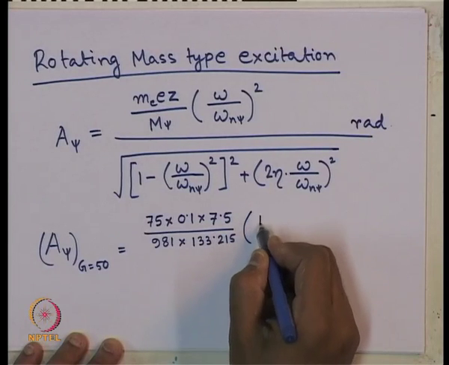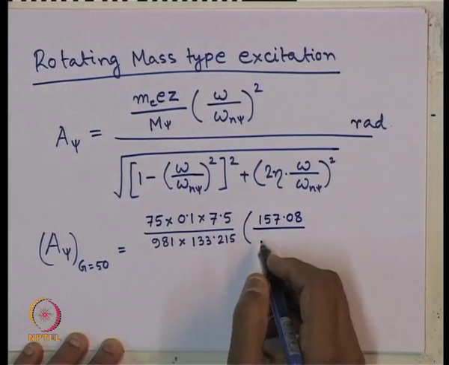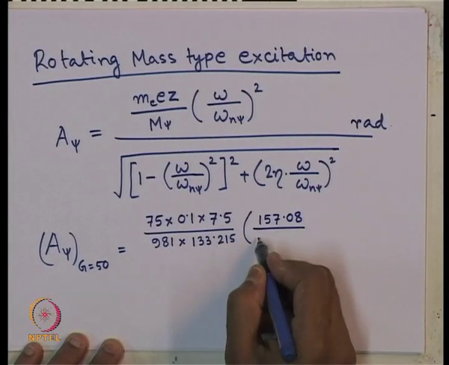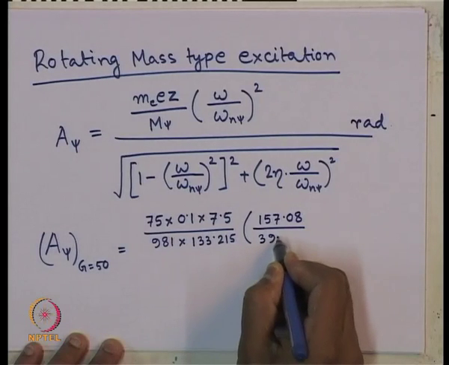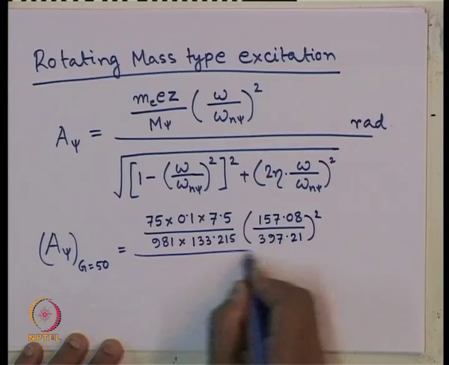Omega is how much? 157.08, the operating frequency, and omega n psi for g equals to 50 we had already calculated, 397.21, that squared.